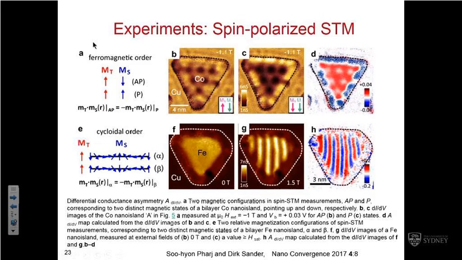And I think in this case, you don't have to have just spin up. You can have spins changing over distance. So magnetism is quite complicated when you're looking at real surfaces.